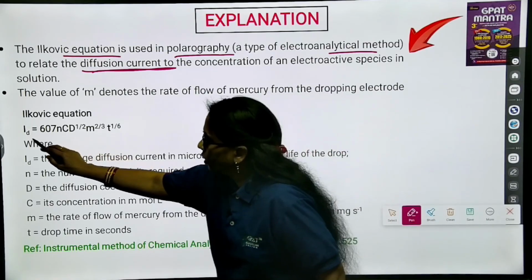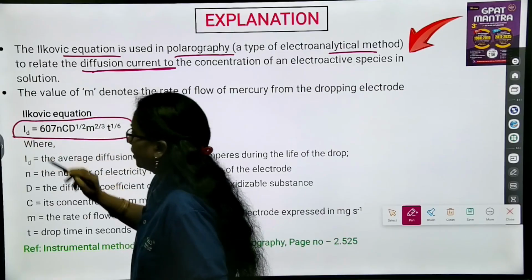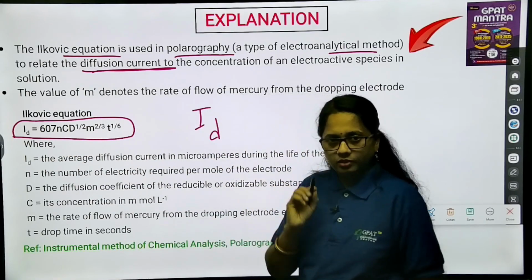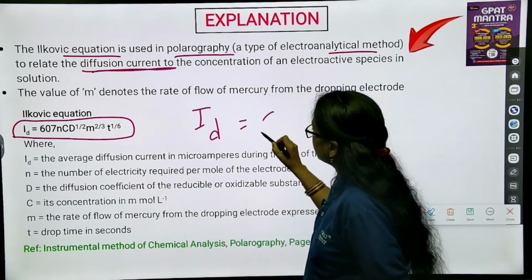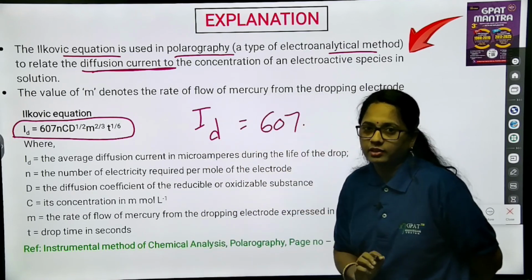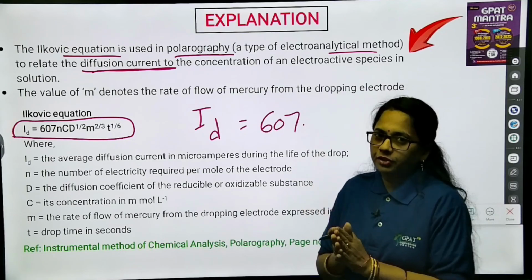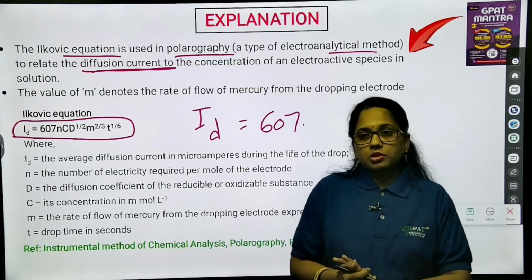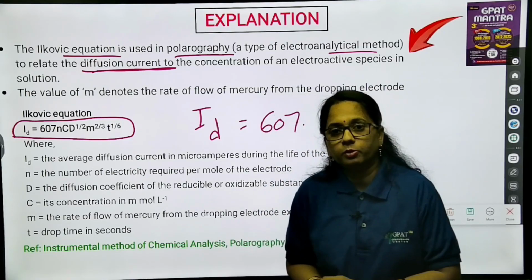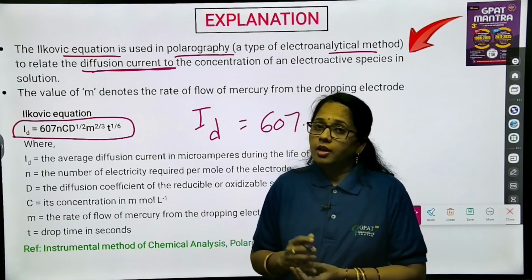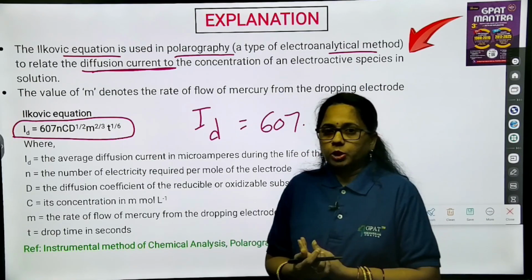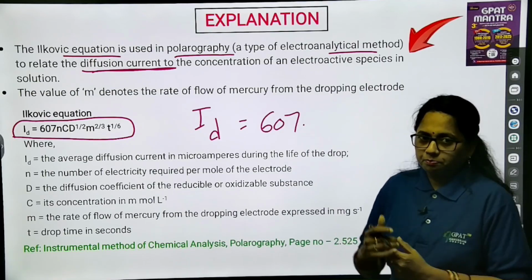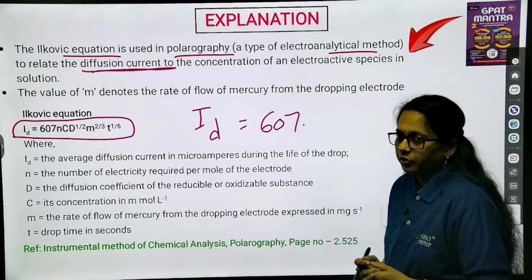So this is the Ilkovic equation, where you are going to observe different terms. Id means the diffusion current. So Id equals 607, which is a factor that gives you the different parameters related to the mercury, because in polarography you use the dropping mercury electrode, and the drop time of the mercury is very important.